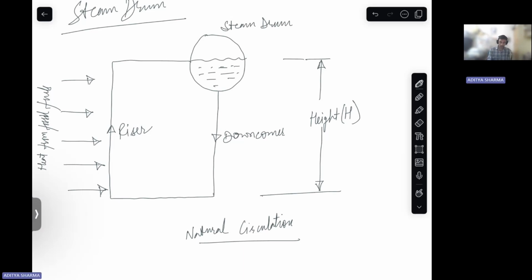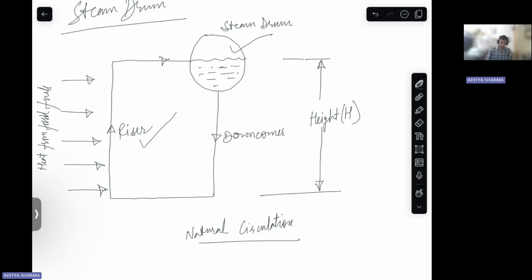So we have water here, right? So this water will move downwards in your downcomer, right? Here, in your riser, your water is partially heated, right? And then which eventually gives rise to vapors, right? And this water with some vapors again moves to this steam drum, right? Here, this vapor is extracted from your water, right?